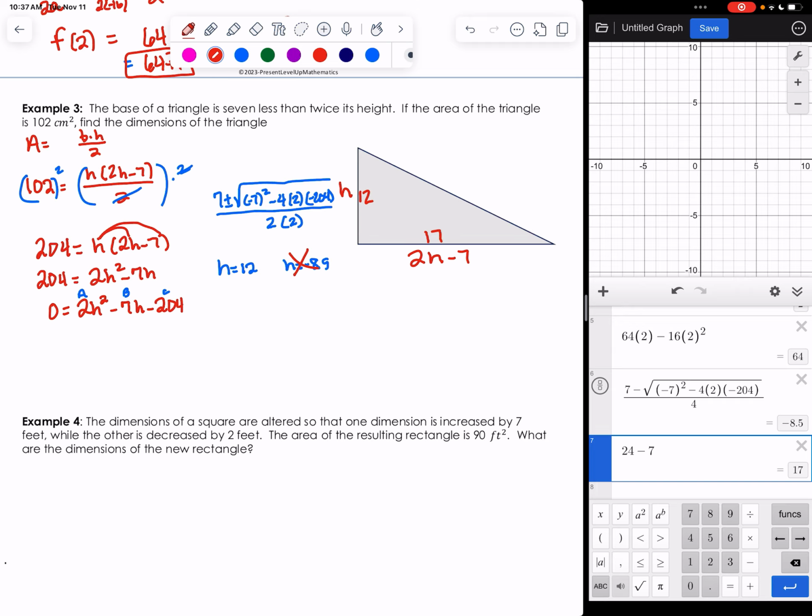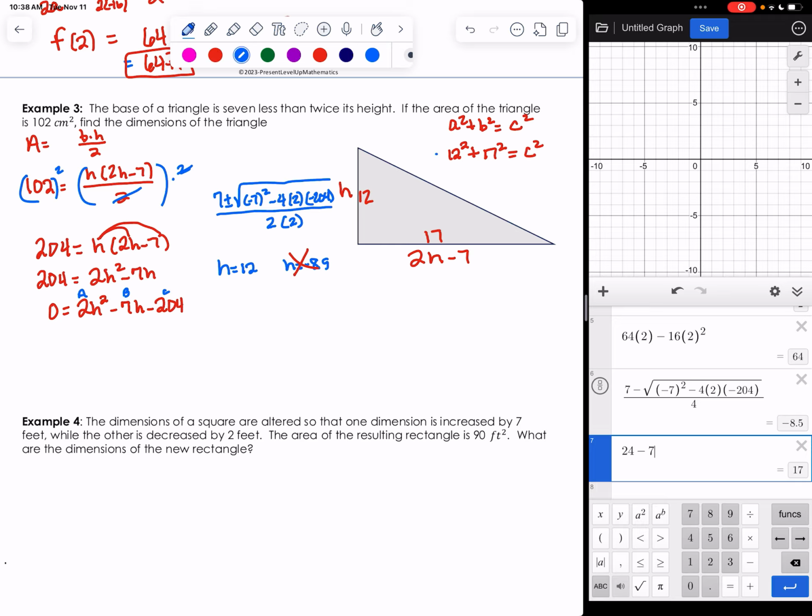The only thing we don't know at this time is what is the hypotenuse. So if I want the hypotenuse, then I'm going to have to use the Pythagorean theorem. A squared plus b squared equals c squared. So I know 12 squared plus 17 squared equals c squared.